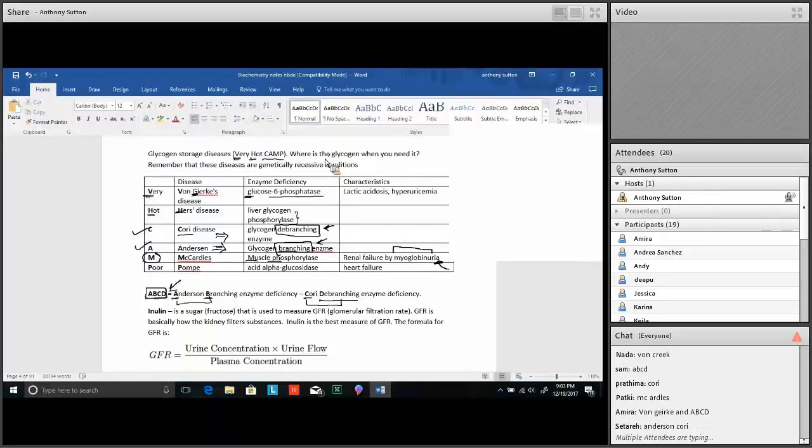Gotcha. Cori's, the branching. Okay, perfect. Exactly. So basically the easiest ones most people can see are McArdle's, Anderson, Cori, Von Gierke, right? So if you knew 4 out of the 6, could you eliminate the other 2 in an answer choice, if you saw it? Does that make sense to everybody?